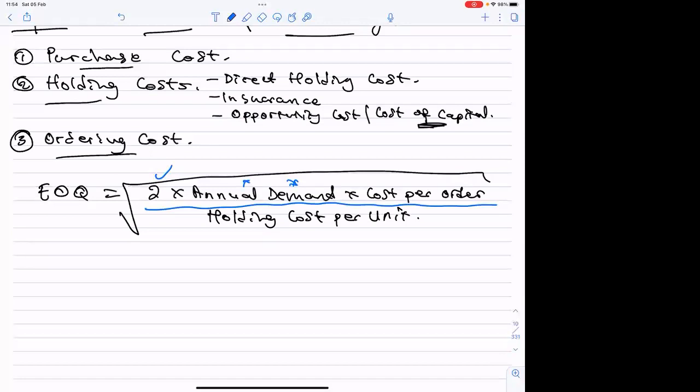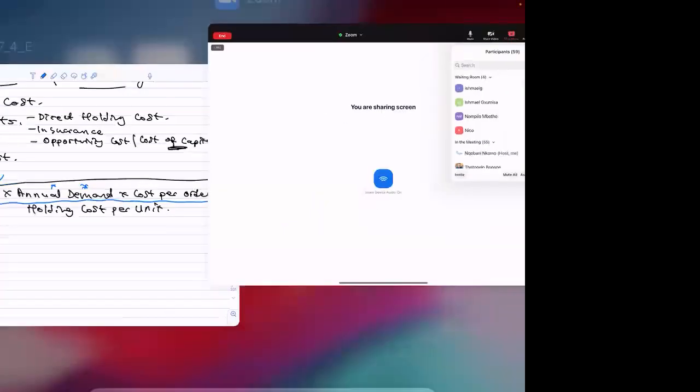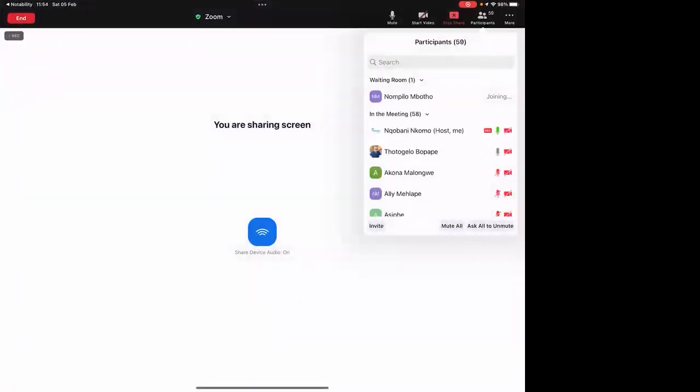If you're given the demand per month, you multiply it by the number of months in a year. If you're given the demand per day, you multiply by the number of days in a year. So that's what we mean by the annual demand.